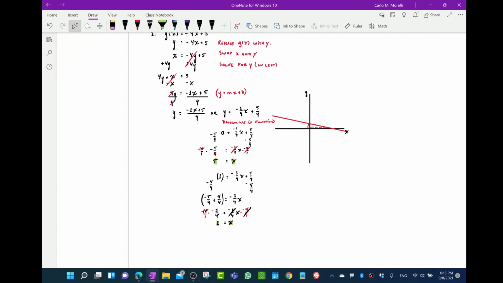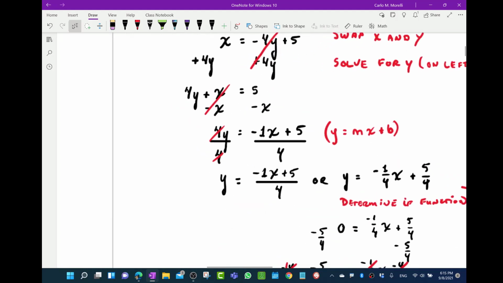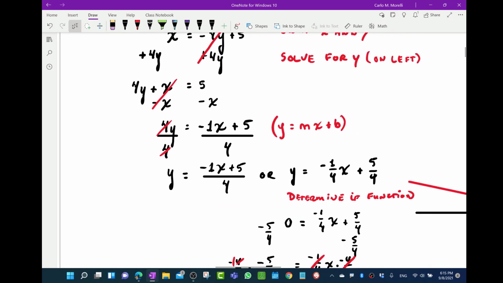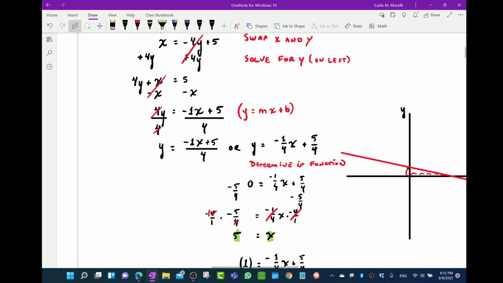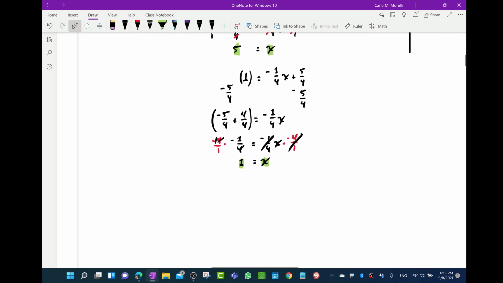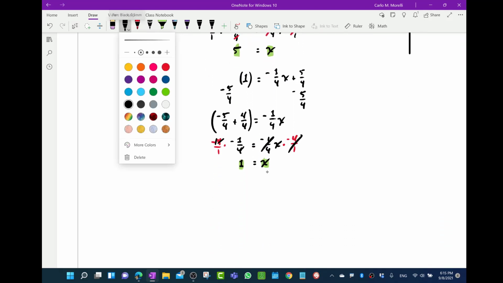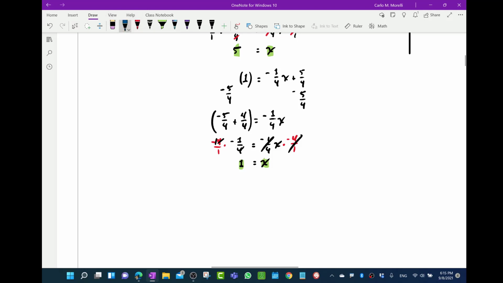So now we've determined that the thing that we think is the inverse is a function. Okay. So now we're going to propose something. We're not done yet. We're making a proposition. So here is our proposal.